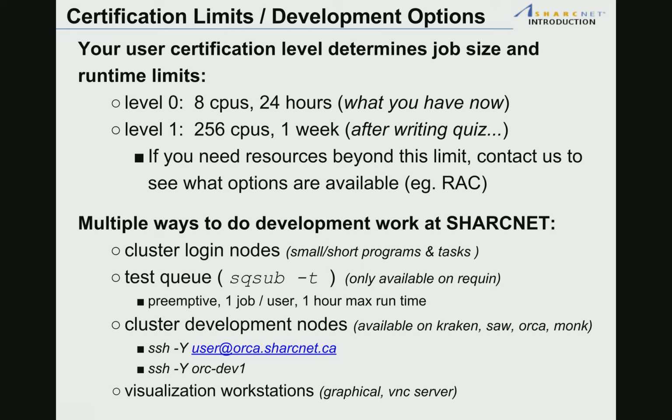Typically, people attending the New User Seminar or watching it now have this certification level. Once you complete the quiz, you have access to 256 CPUs at one time, as well as a 1-week runtime limit. This is the certification level that you have after you've written the quiz. If you do need resources beyond this limit, you can contact us to see what options are available.